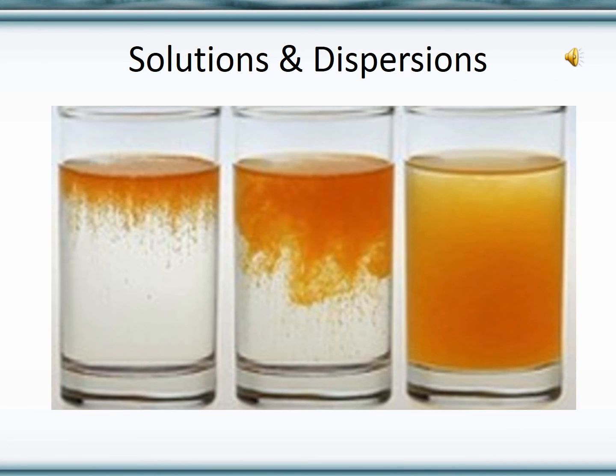The final concept that we will look at during this chapter is related to solutions and dispersions. This picture is not a perfect example of a solution versus a dispersion, but it will still help to paint a picture of this difference. The picture on the right is a solution, while the picture on the left is more of a dispersion.